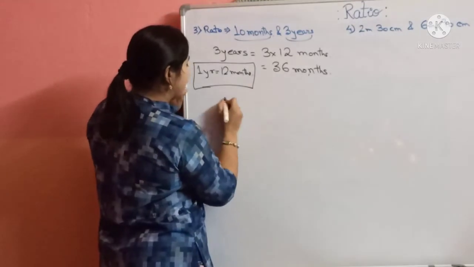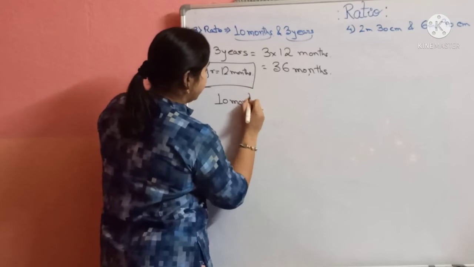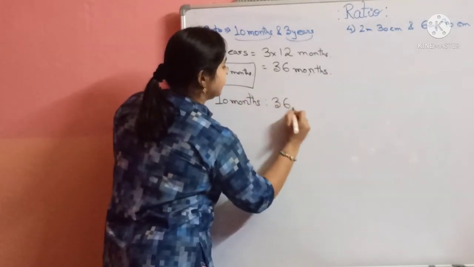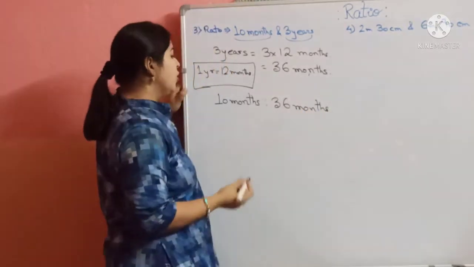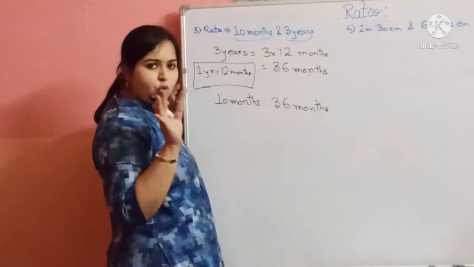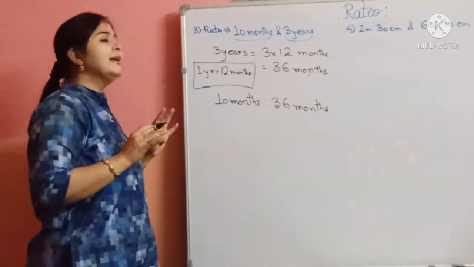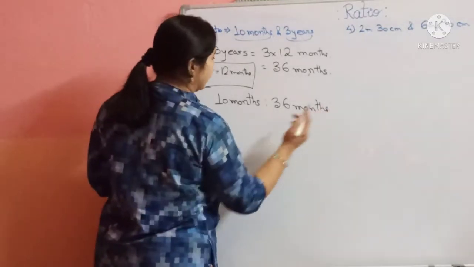So let's start again. 10 months is to 36 months. First, you will also write the unit. There is no harm in doing this as we are comparing the same quantities. So 10 months is to 36 months.